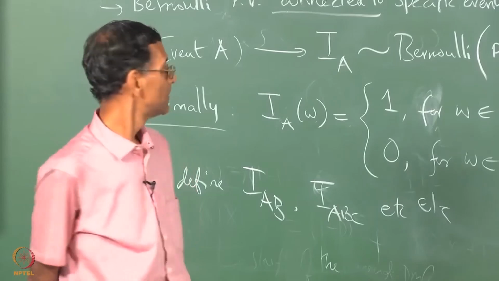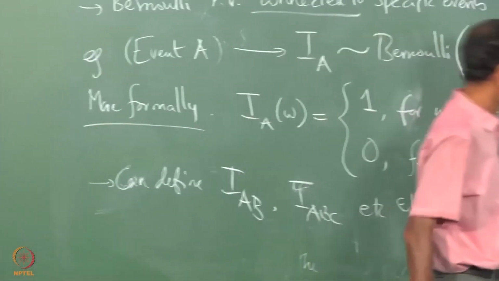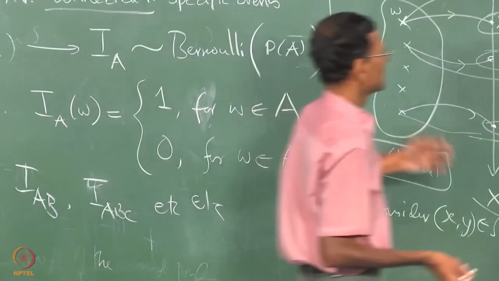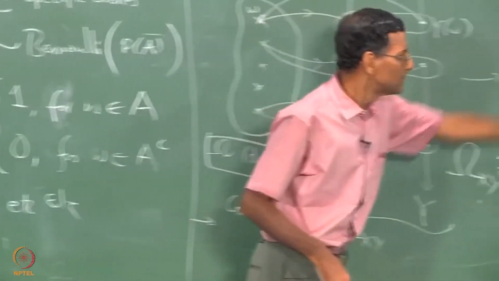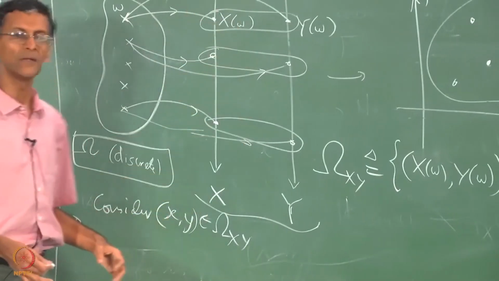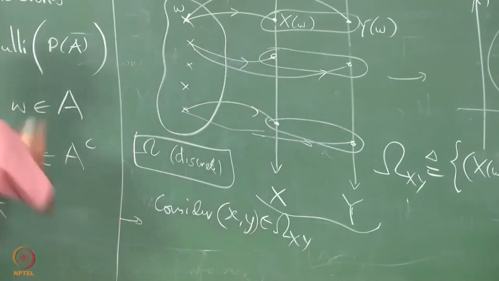Then you look at the joint probability of x taking the value x and y taking the value y, jointly. If you repeat that over all these points x, y, you get the joint PMF of x and y.